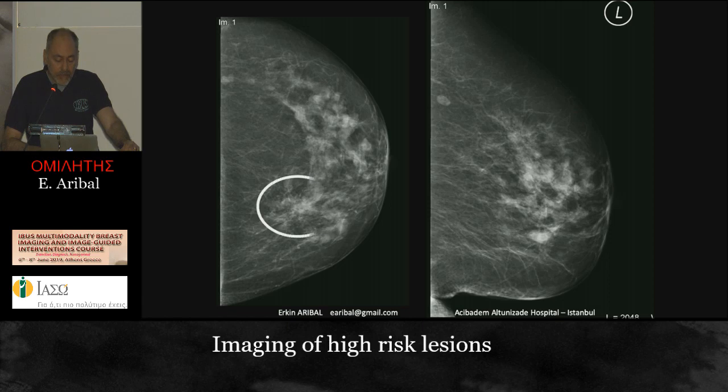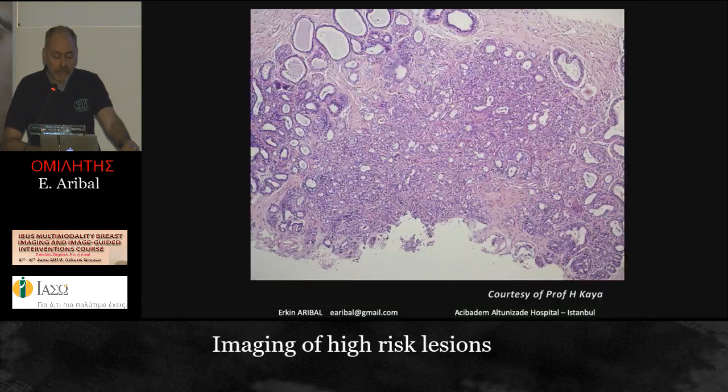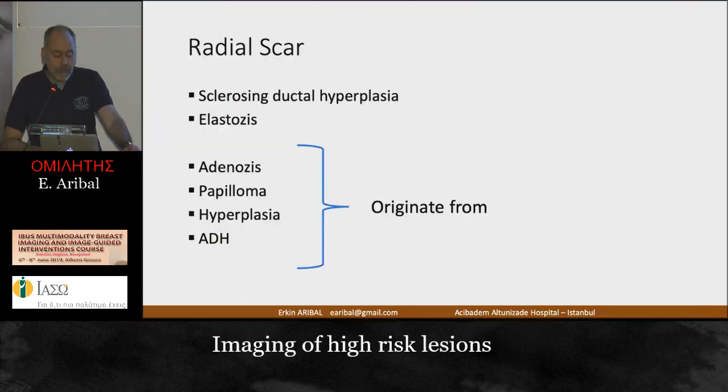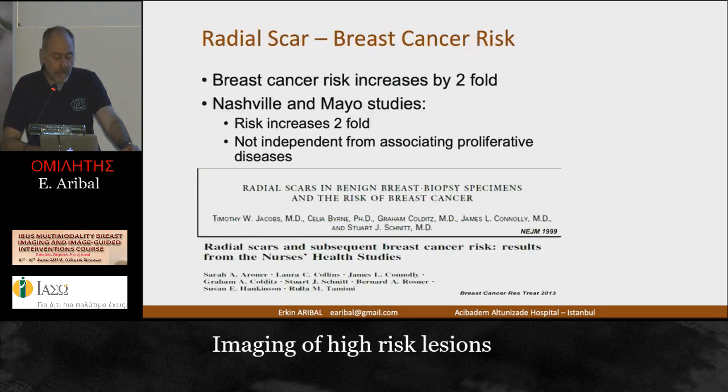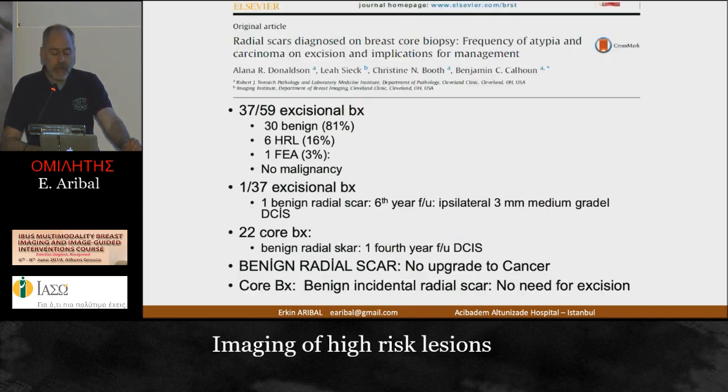Another case, it's a very large lesion here, but it was a complex sclerosing lesion. So if you have this result, it's okay. These may originate from adenosis, papilloma, or hyperplasia, or atypical ductal hyperplasia, and the risk is not much when there is no atypia. So it's benign.